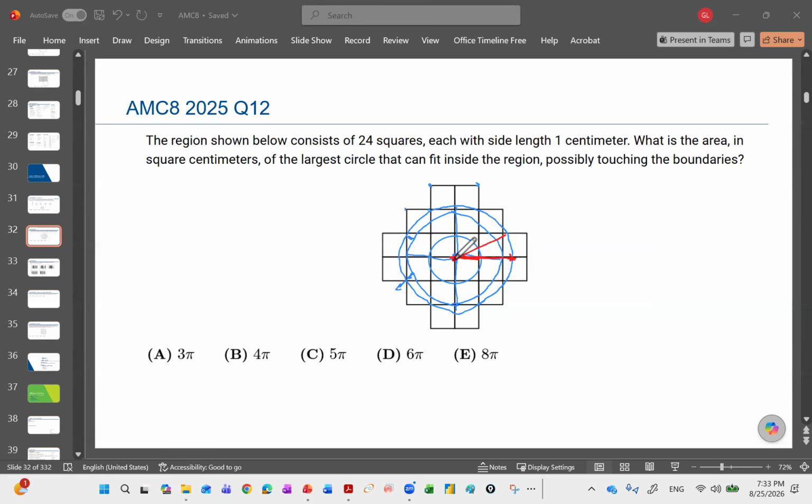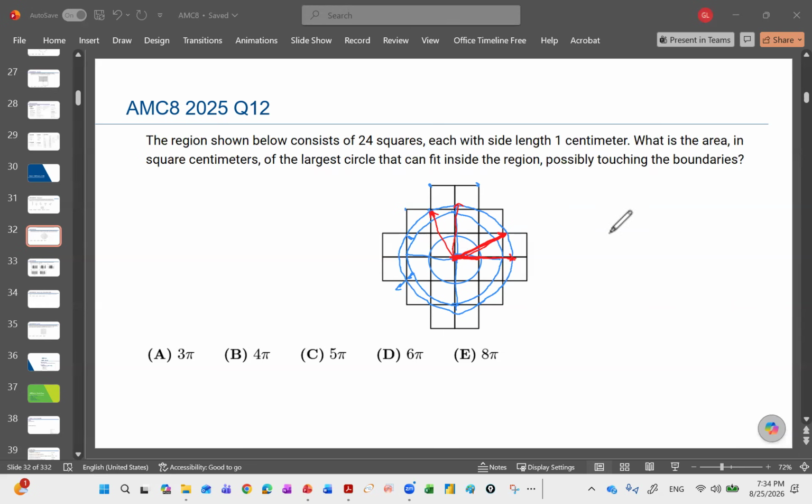This one is also equal here, so these are two radii. This radius is a little bit longer than 2, but not exactly 2. So this looks like the best fit, the largest circle.